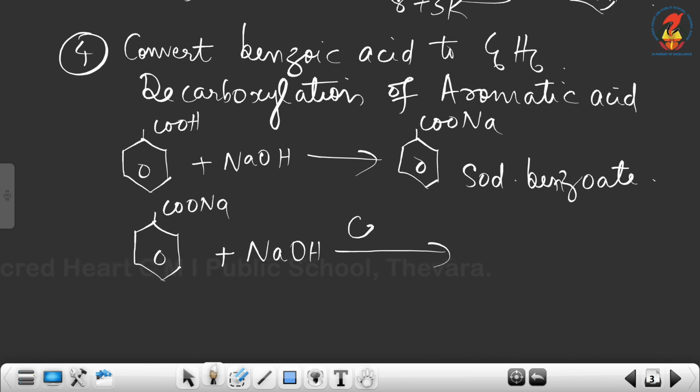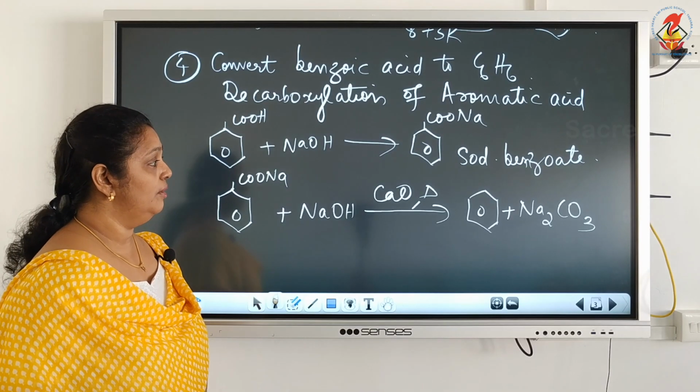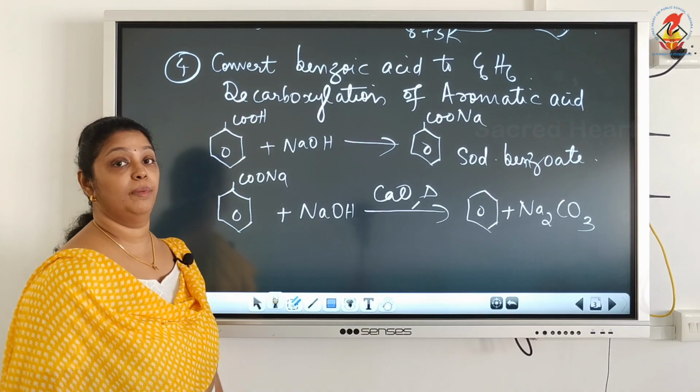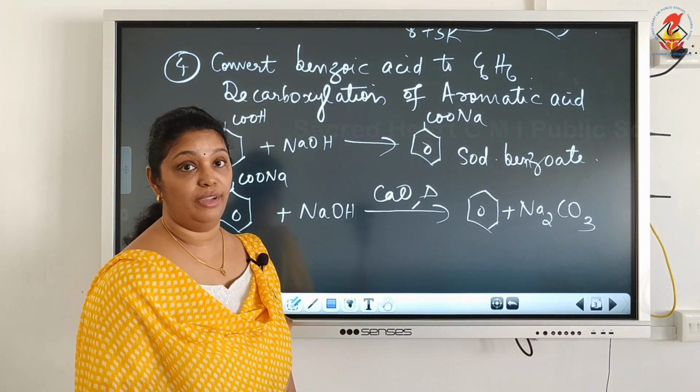Soda lime is calcium oxide and NaOH. So what will be the product formed? We get benzene plus sodium carbonate, with heat. Now you can see Na2CO3 plus benzene we get as the product. So that is our fourth method for the preparation of benzene, that is from aromatic acid, which is benzoic acid.